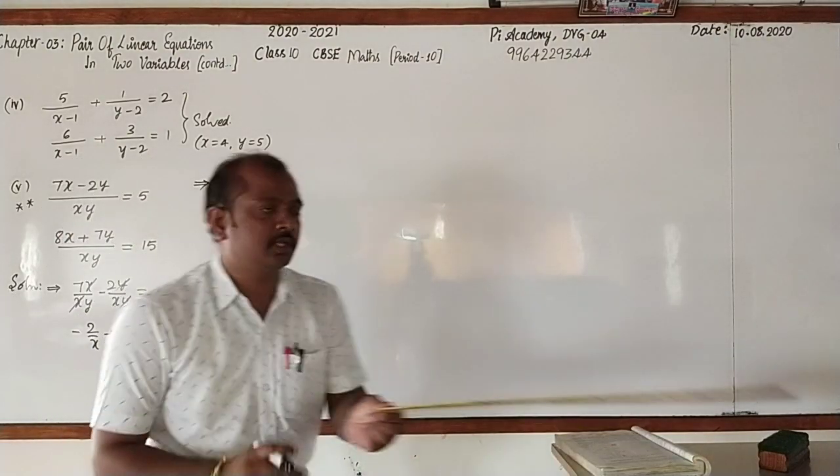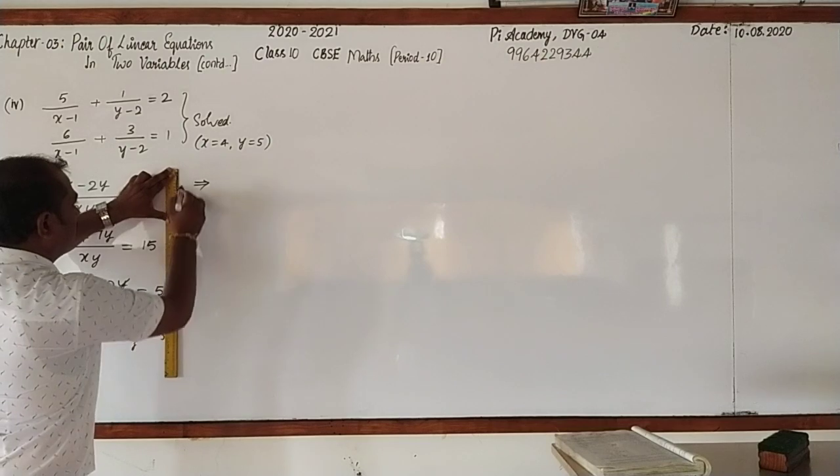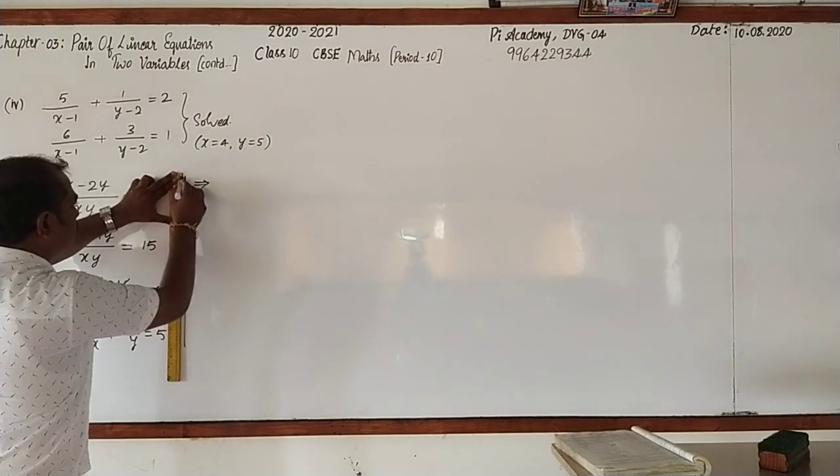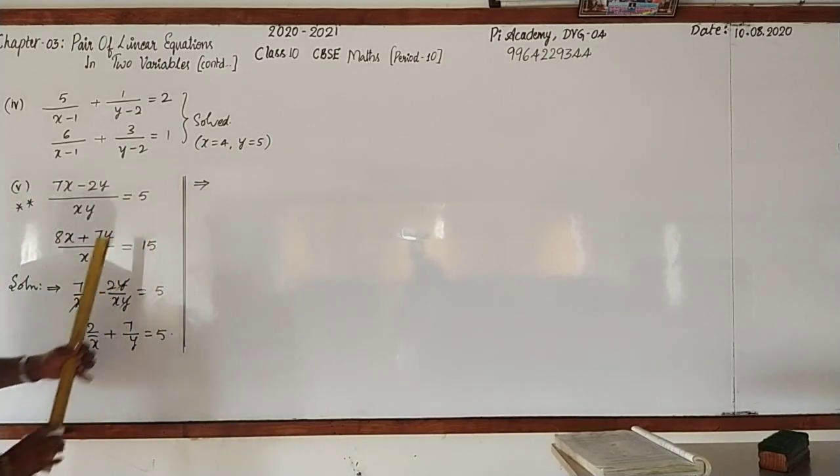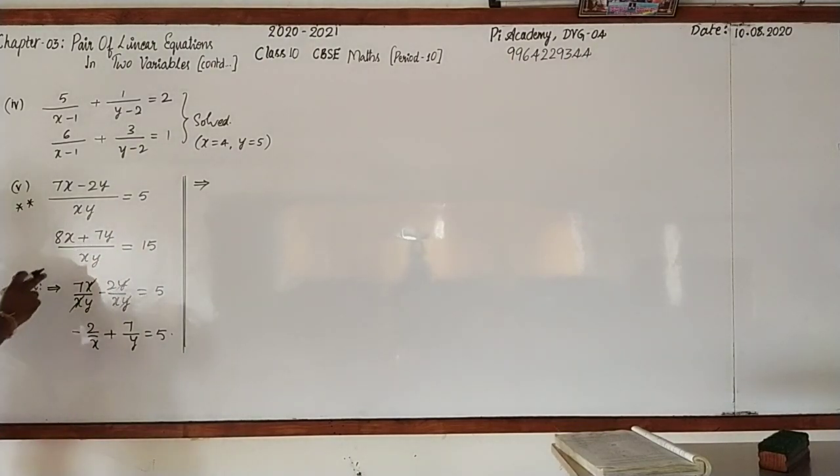Let's move on to another equation. What is the other equation? Please go through that. Even that should also be written in the same way. Look here, and please write with me. These two terms are to be divided by xy.